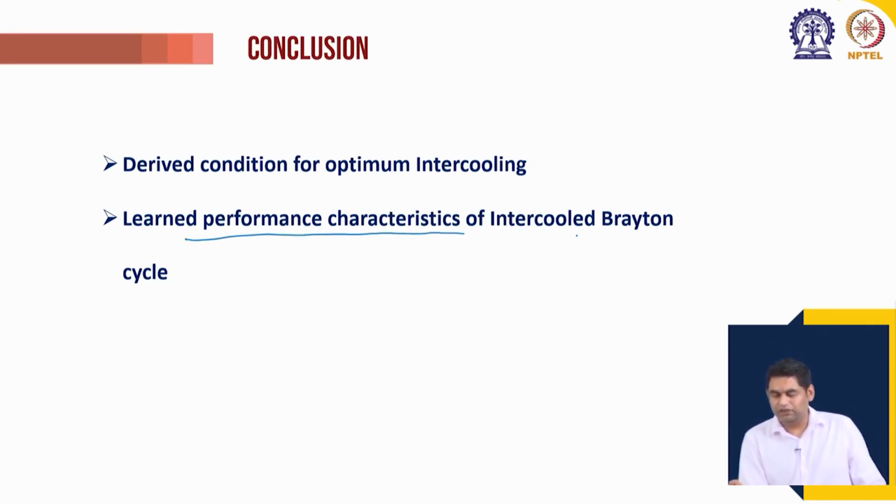So, we have seen how these vary with design parameters R and T for the intercooled Brayton cycle, and we have compared them with similar cycles, the reheat cycle and the simple Brayton cycle, and seen that the effects are similar to the reheat cycle, but less drastic.